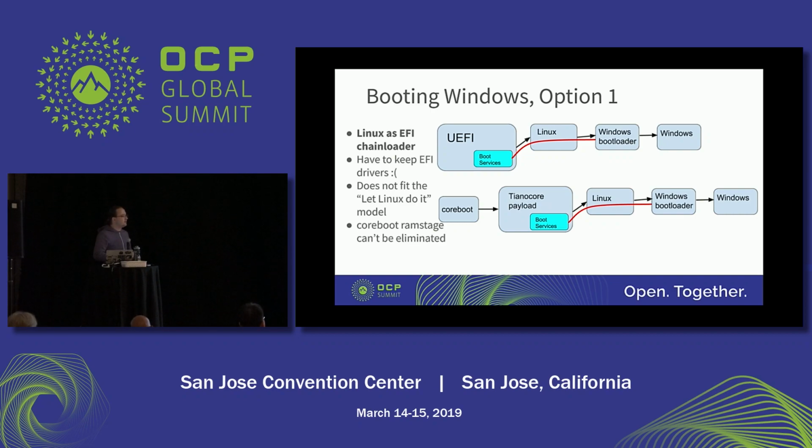The other crummy part is that in the coreboot LinuxBoot combination, we would like to get rid of the RAM stage, the stage that has most of the drivers and stuff like that. To have the TianoCore payload and the boot services, you probably would have to keep all that stuff. So it's maybe not as much work reduction as we would like.